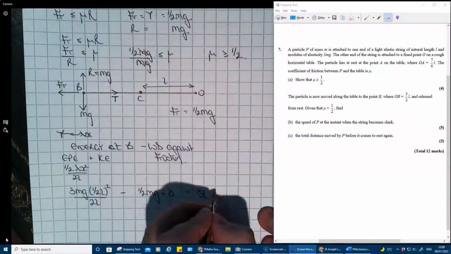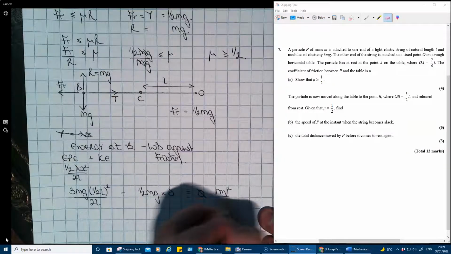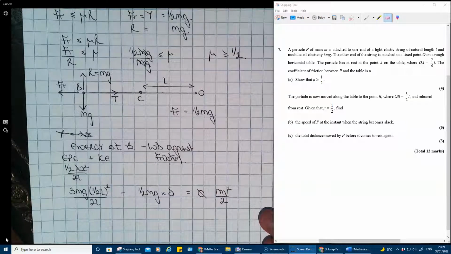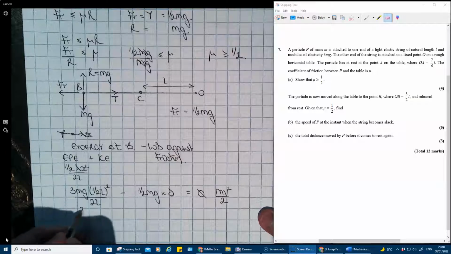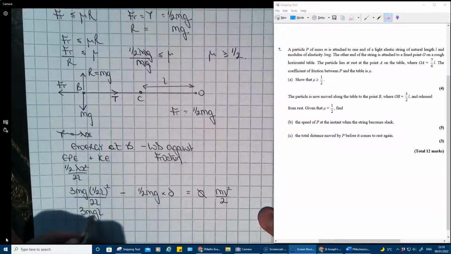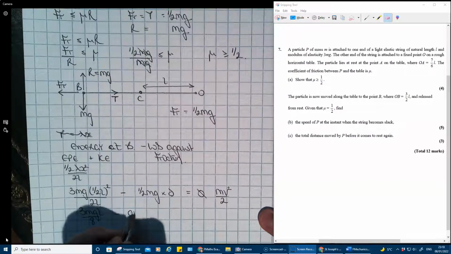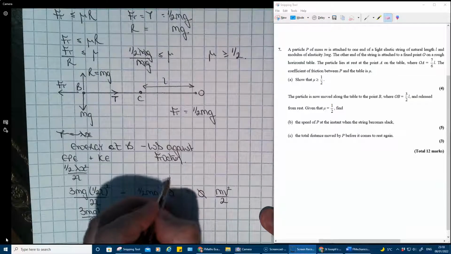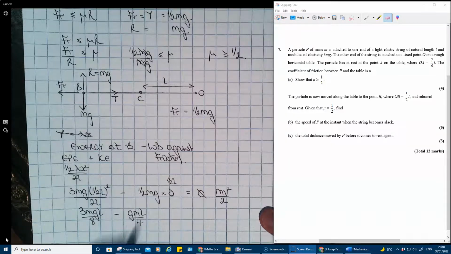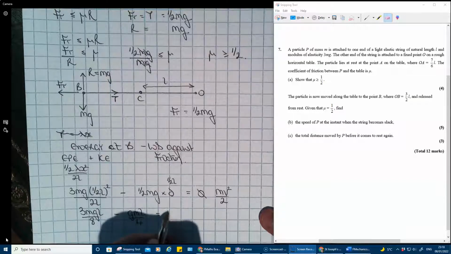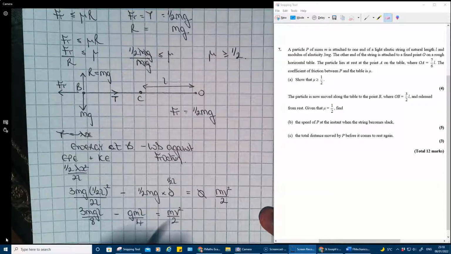This equals the kinetic energy at the end, which is mv squared over 2. I know the distance is L over 2. So we've got 3mgL over 8, take away mgL over 4, because the distance is a half L before it becomes slack, equals mv squared over 2.